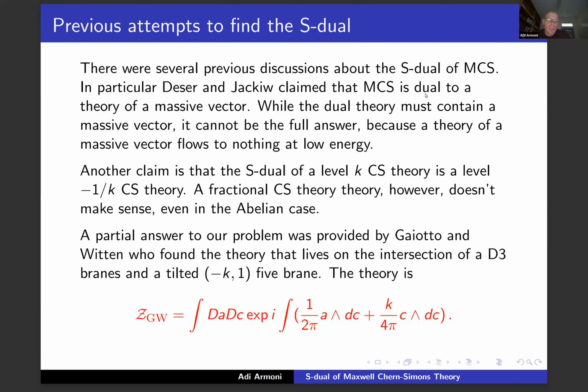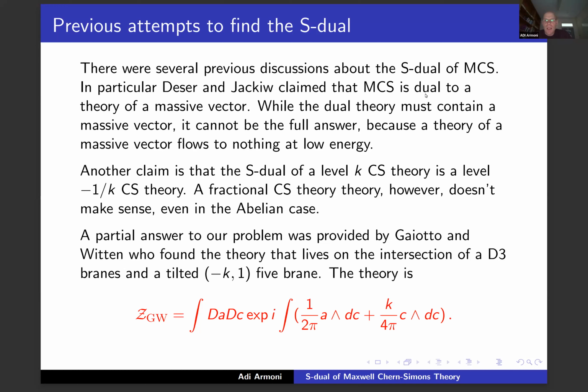So there are several claims in the literature, and all of them are either not complete or not correct. One thing which is correct but incomplete is what happens when a semi-infinite D3 brane ends on the (1,K) five-brane and its S-dual.